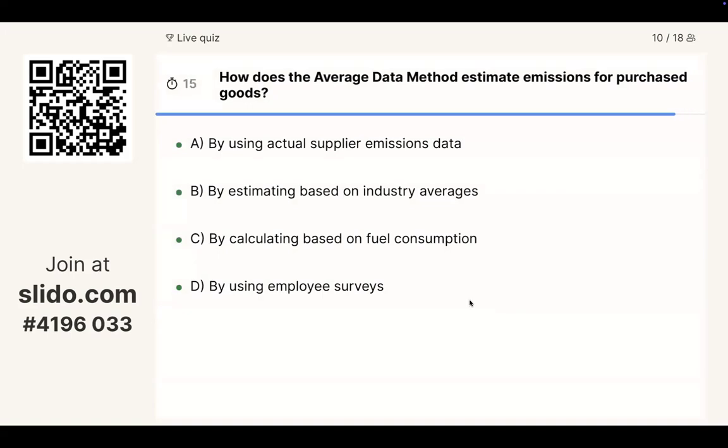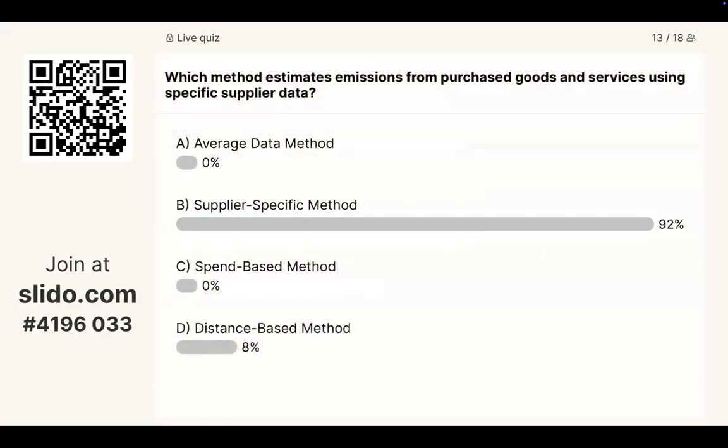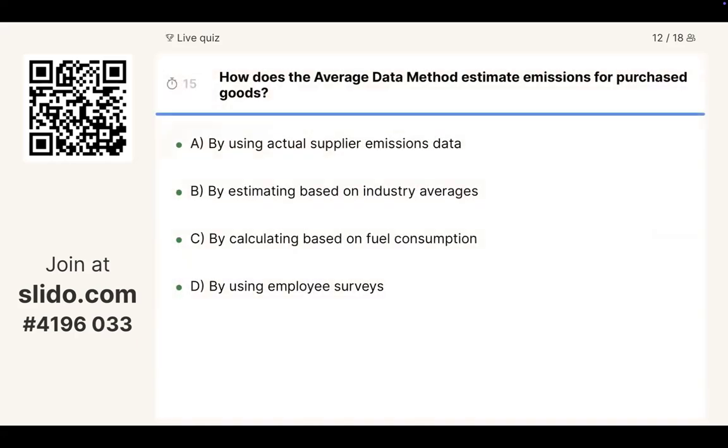Second question: how does the average data method estimate emissions for purchased goods? Okay, 15 seconds more, so whoever could not answer, answer it now.